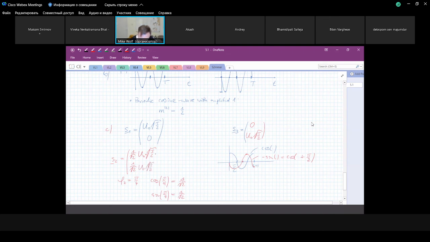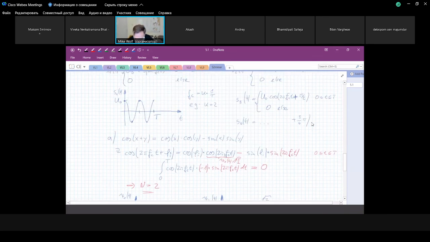So, and then we can check the energies. The energy of E1 is just u naught squared times t by 2. Okay. The energy of E3 is, of course, u naught squared times t by 2, because the mean power is u naught squared by 2 times t is the energy. And now look if this is correct for E2, because E2 has the same energy.